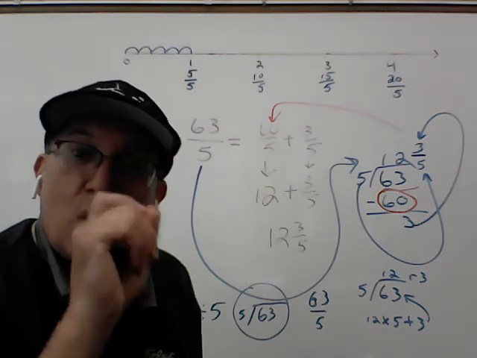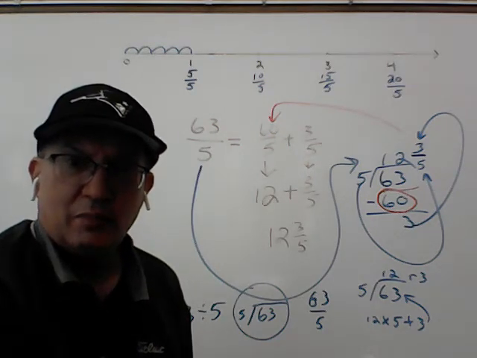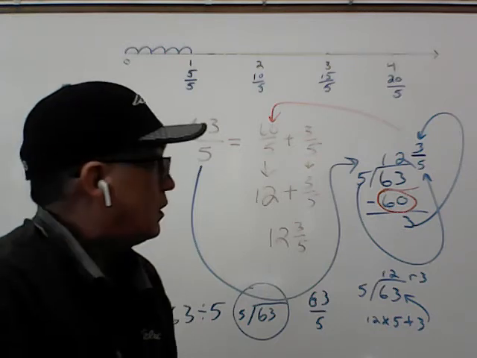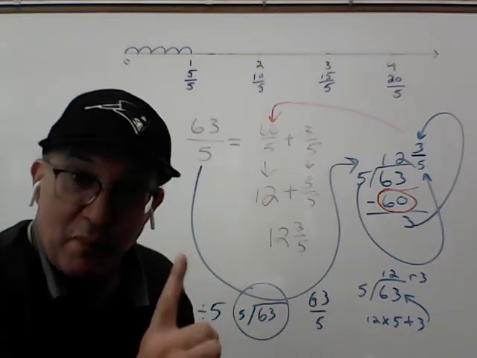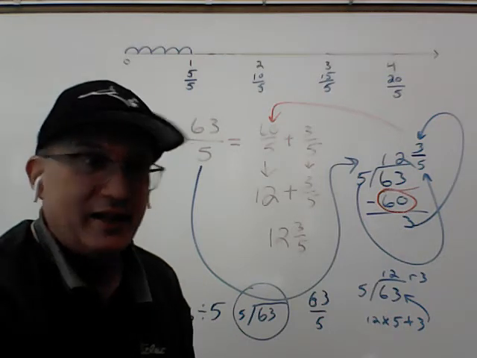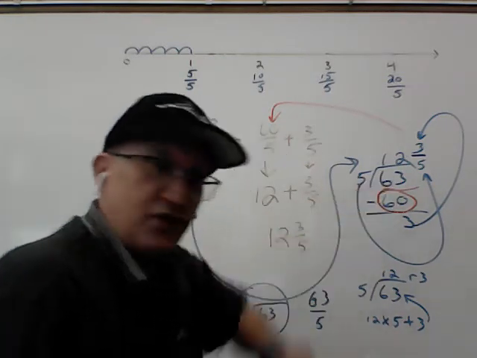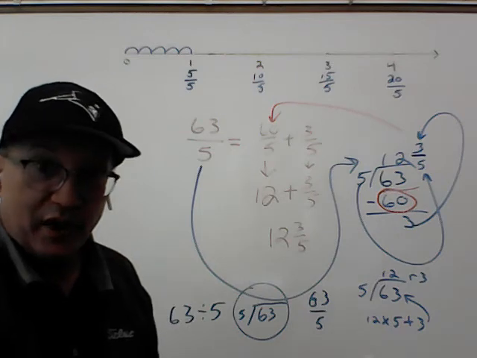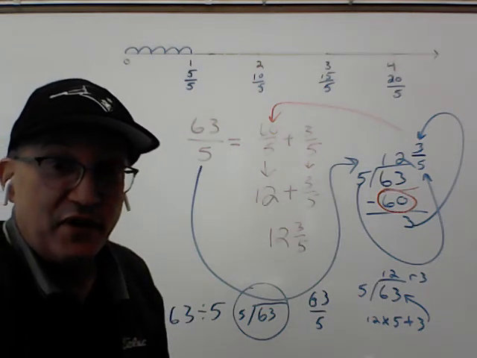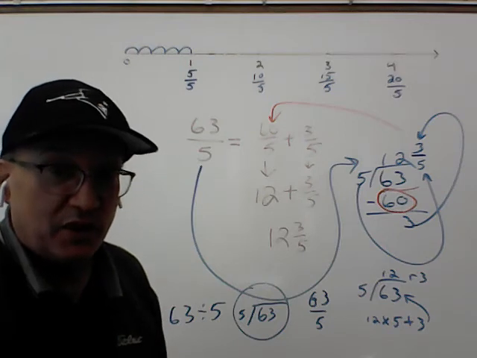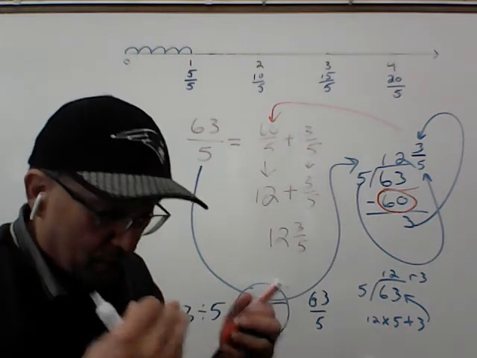Notice I said there's no whole number that you can multiply 5 by to get 63. But there is a number that you can multiply 5 by to get 63. Do you want to think about what that number is? 12 and 3 fifths.